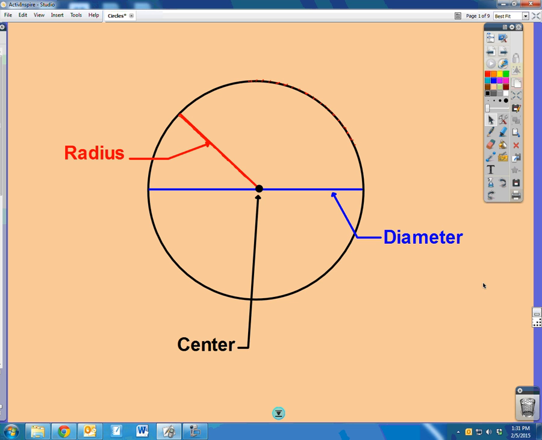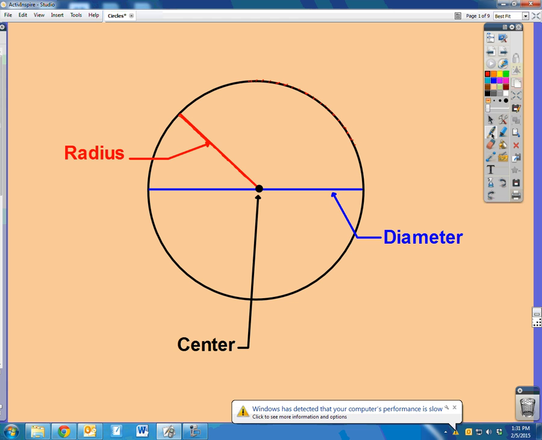The three vocabulary words we're looking at for the circle right now are the center, the radius, which is the distance from the center to any point on that circle, and the diameter. The diameter is what's called a chord, a line that goes from one side of the circle to the other, and it goes through the center.